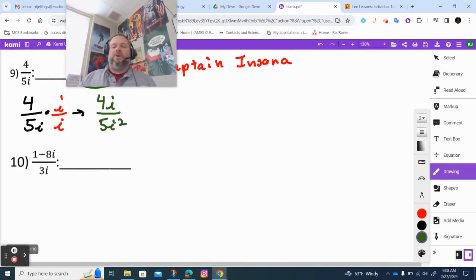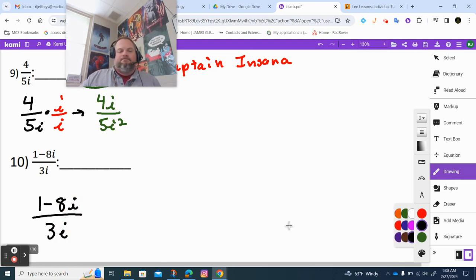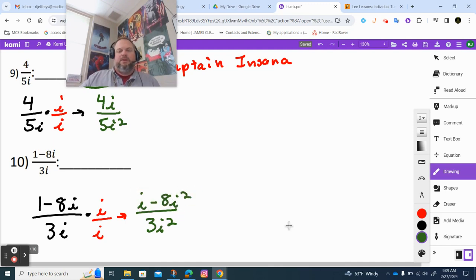Now, we use the same method on number 10 because we just have this one part in the bottom. I minus 8I squared.